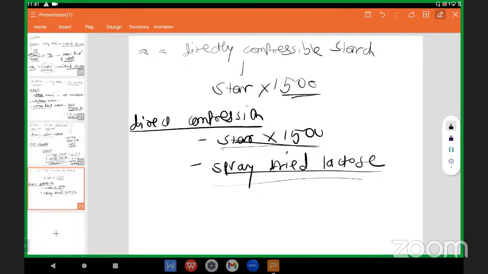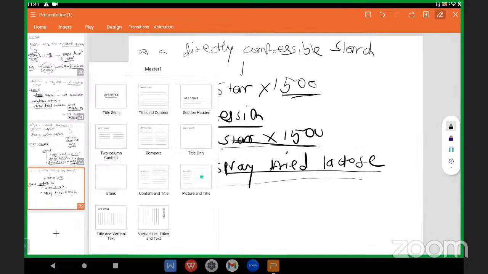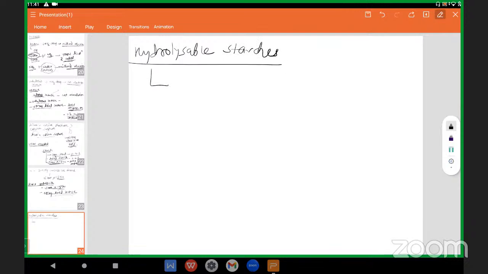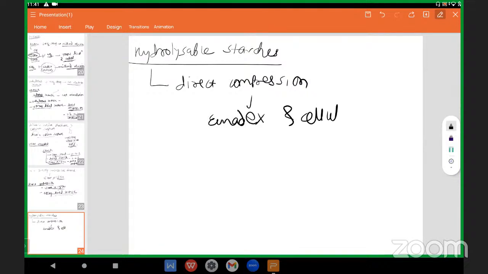Now second category in the starch only. Second category in the starch only is hydrolyzable starches. What are these hydrolyzable starches? These we can also use in direct compression, and famous brand names of these direct compressible hydrolyzable starches are Emdex and Celutab.